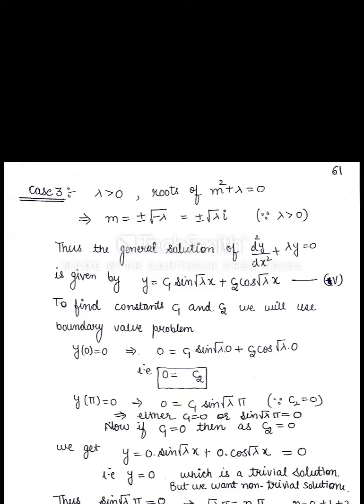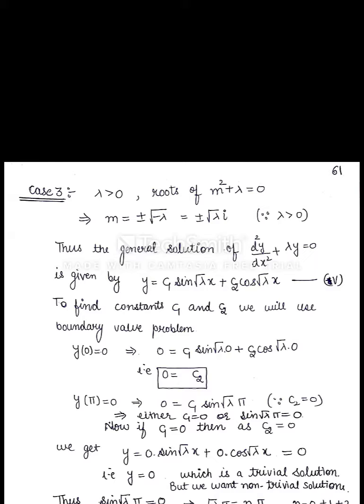Thus for d²y/dx² + λy = 0 we are getting two non-real, distinct roots which are complex conjugates. So the general solution in that case is given by y = c1 sin(√λ x) + c2 cos(√λ x), and we mark this solution as 5.